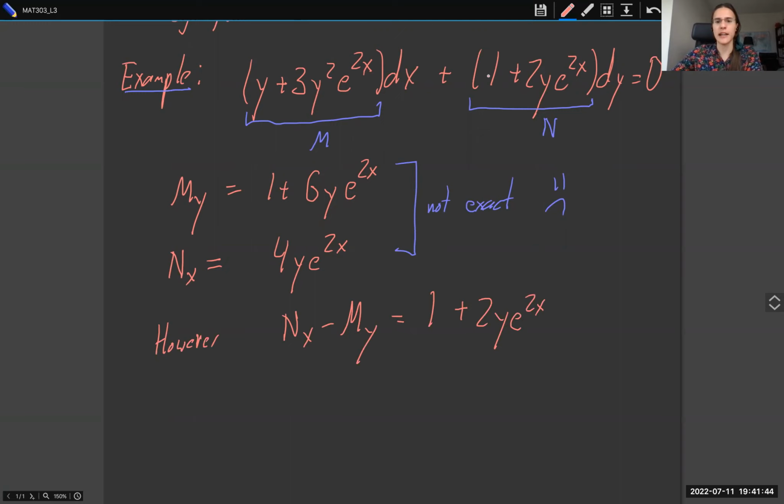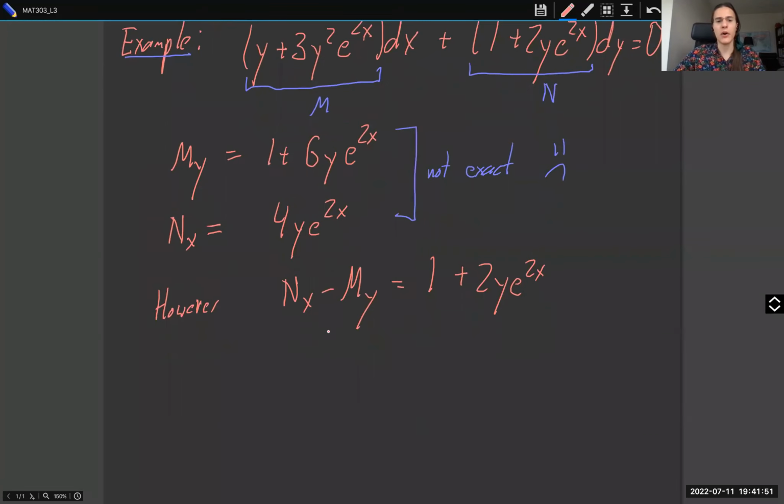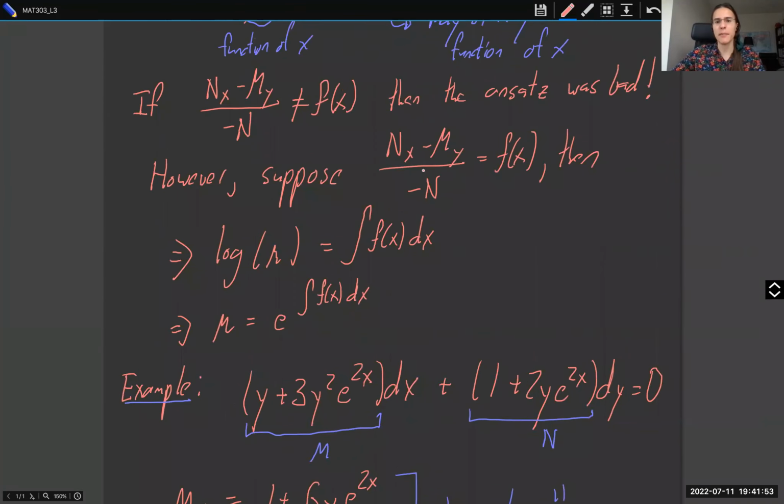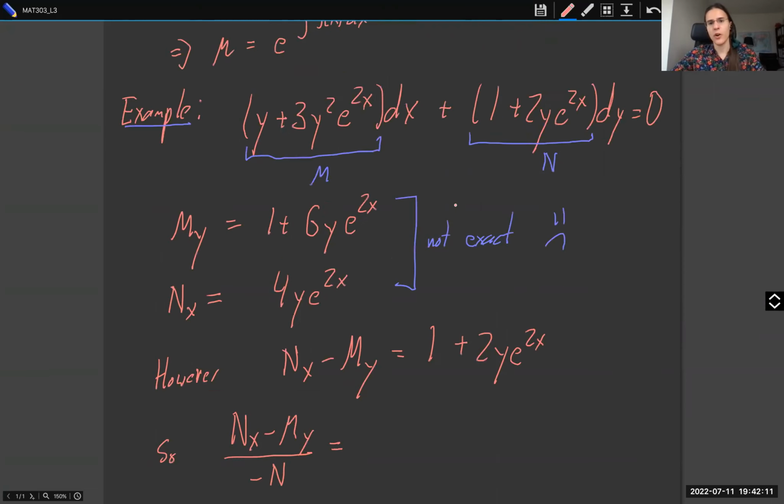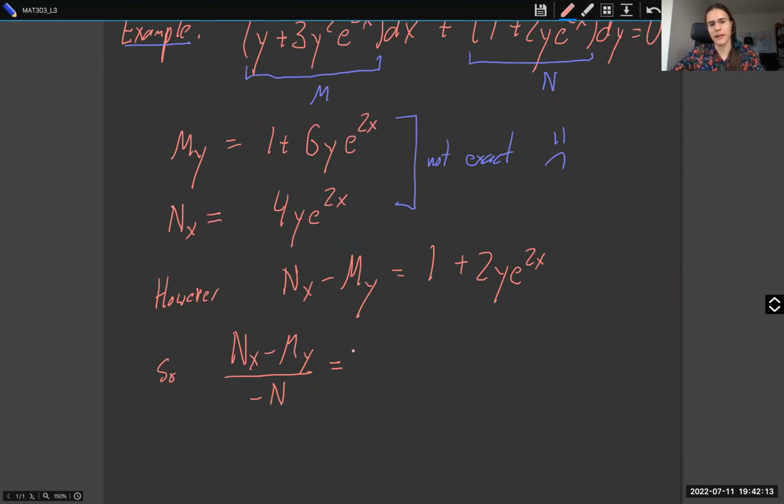And look at that. That's exactly the expression that we have right here, except for the fact that remember there's a minus sign here. So nx minus my divided by negative n is going to equal not 1, but negative 1.